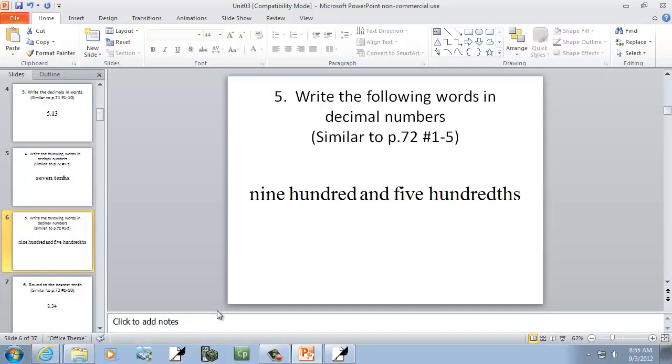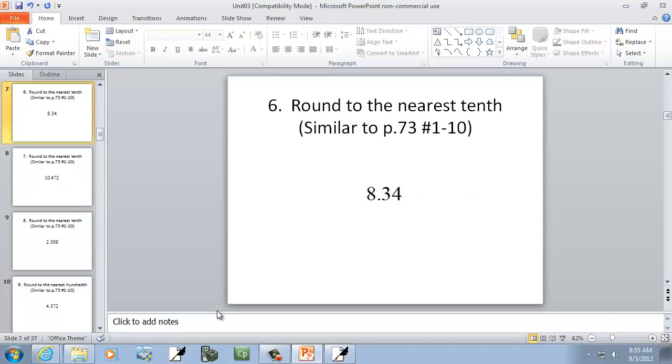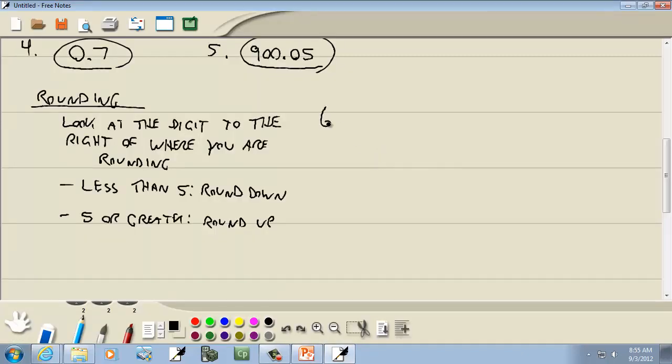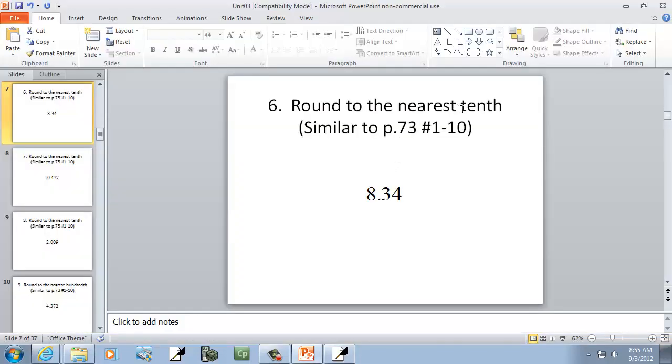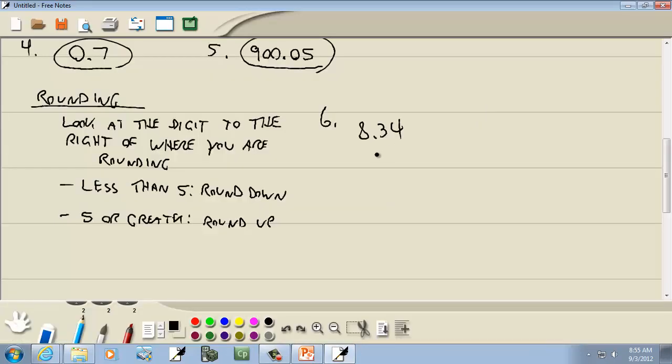Okay, so let's look at our first one here. We've got 8.34. And it says round to the nearest tenth. Again, the TH on there tells us the position. So, tenth. Well, this is the tenths place here. So we look to the digit to the right.